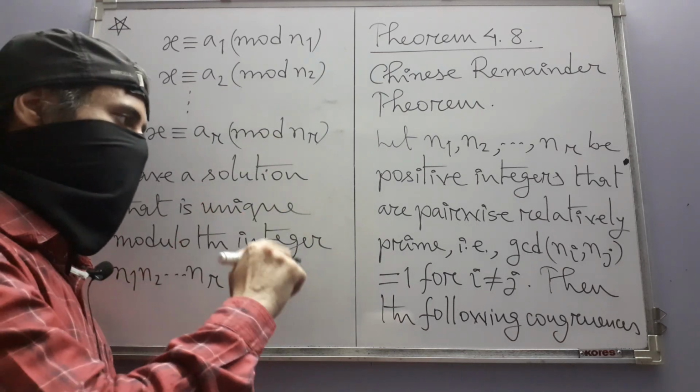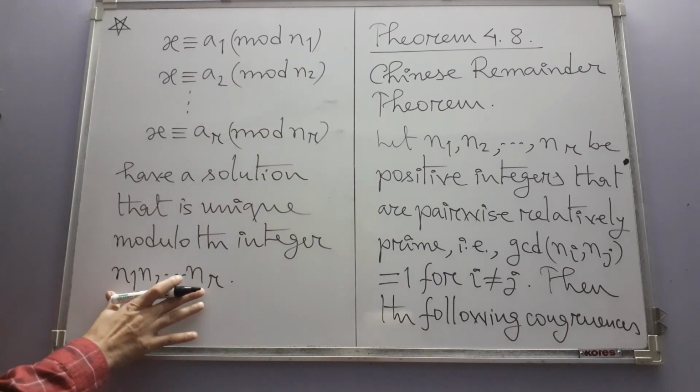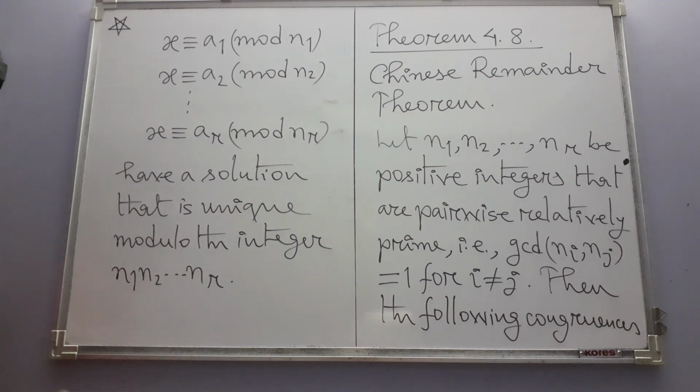Okay, so the system will have a solution and modulo this integer there will be only one solution.